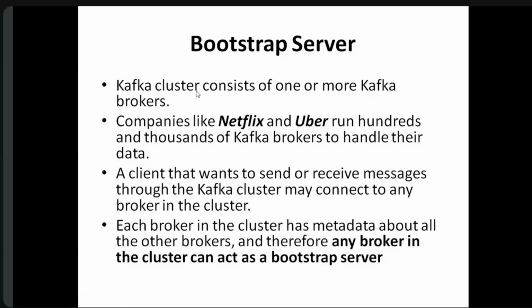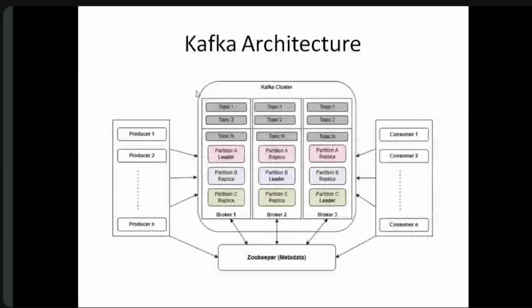So what I'm trying to say is, this is a consumer. It wants to consume data from this Kafka cluster, but the data is from partition A, and partition A is stored in broker 1, but the consumer does not know about broker 1. It knows only about broker 3 initially.